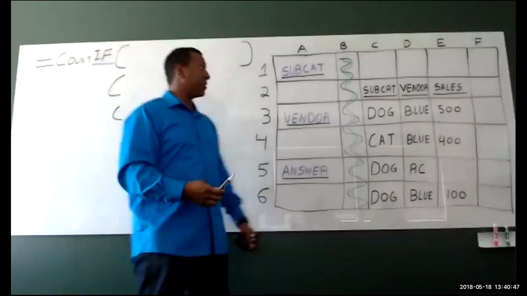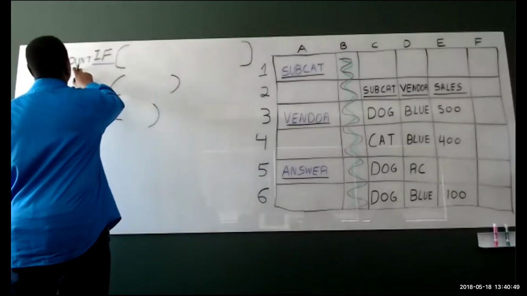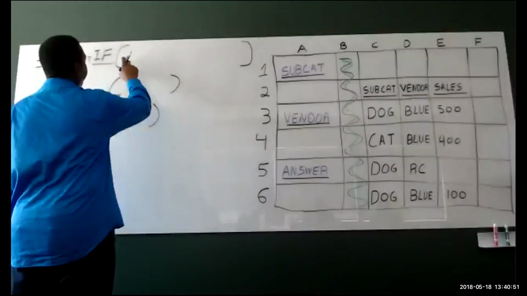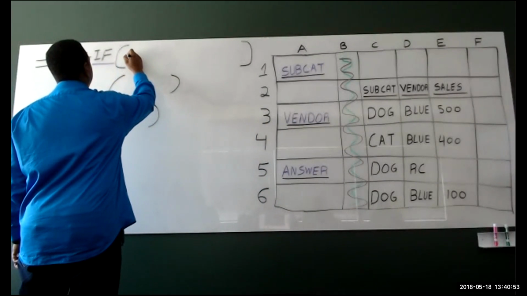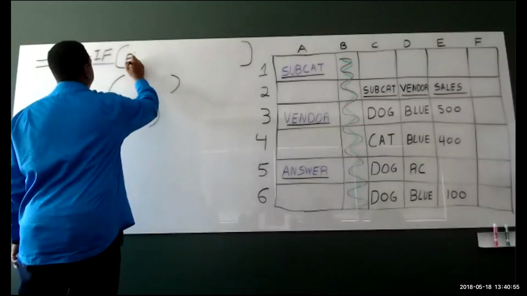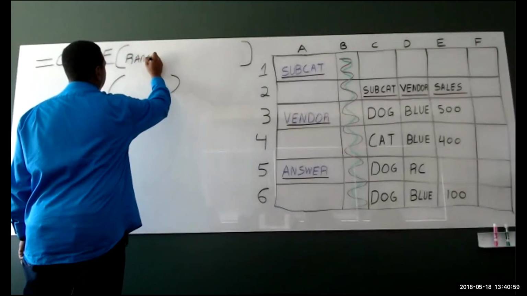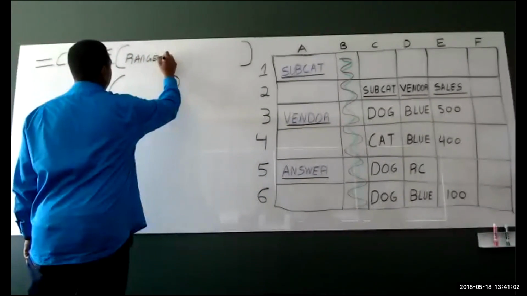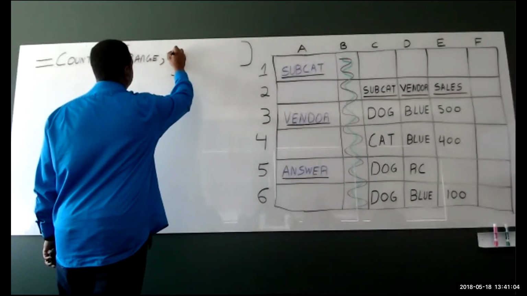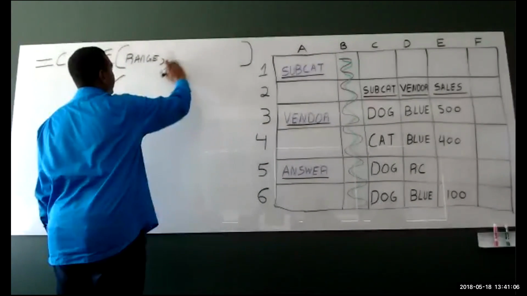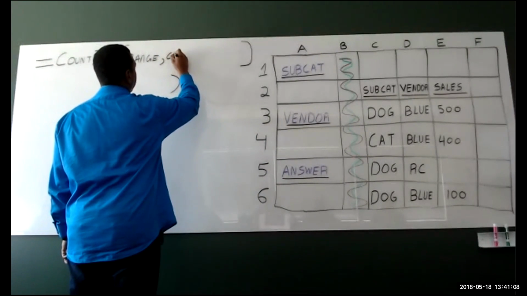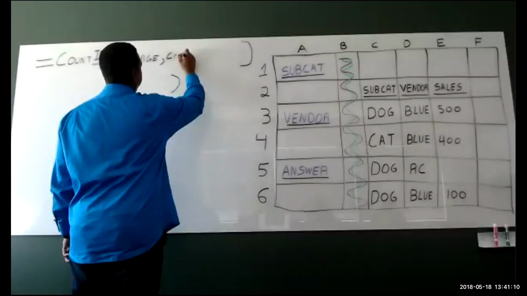And the way that one is set up, it says COUNTIF, and the first thing it's going to ask you for is the range. Then it's going to ask you for the value or the criterion. Okay?